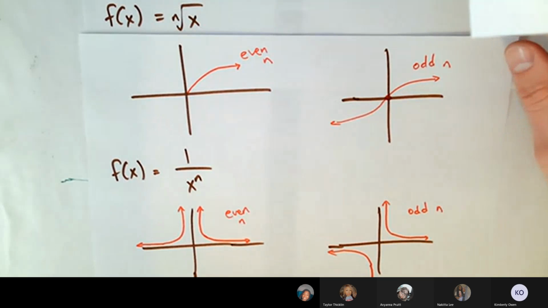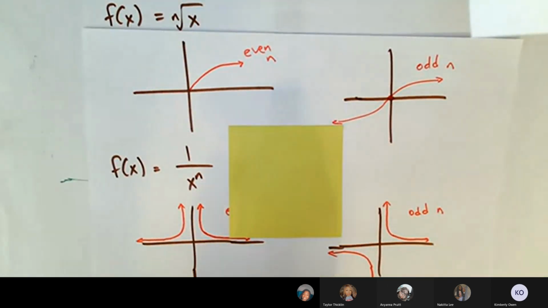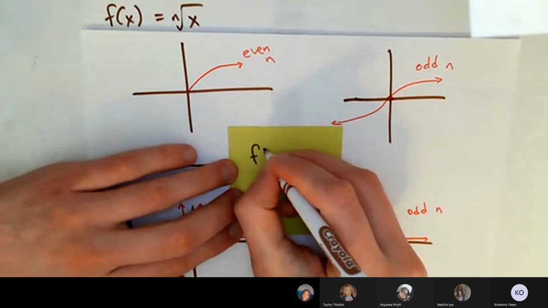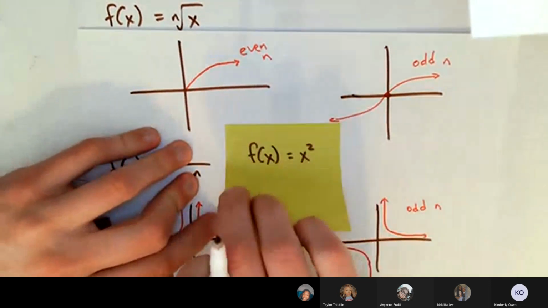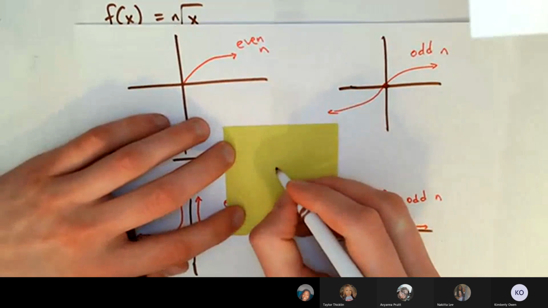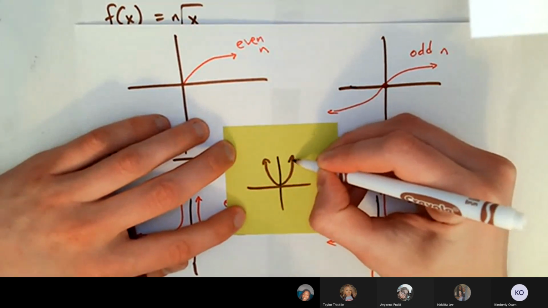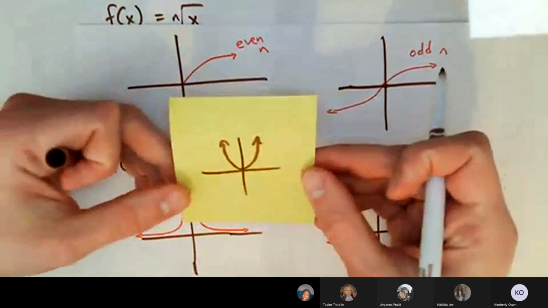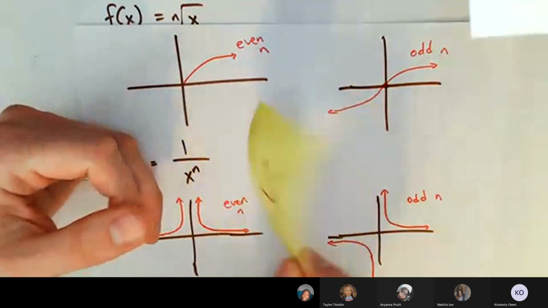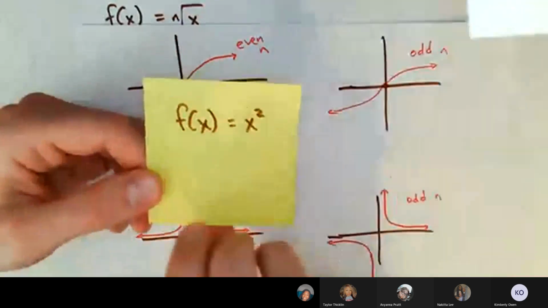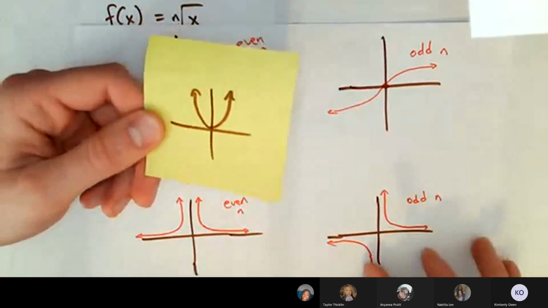I don't have any flashcards, I got a little sticky note, but for example, you could put f of x equals x squared on one side, and then on the back side of the flashcard just have a little graph drawn and put the appropriate base graph. And you could study these with yourself, doing flashcards. I don't know how you would do this with someone else. You'd have to describe some of these shapes.